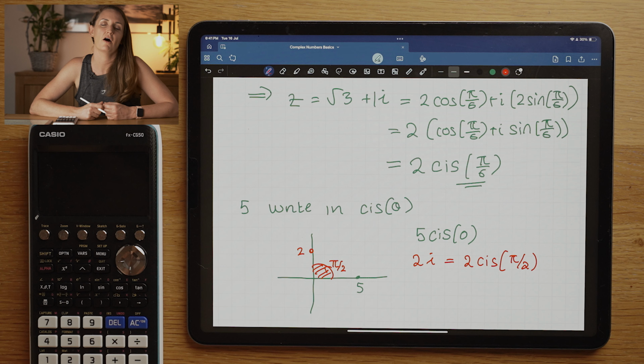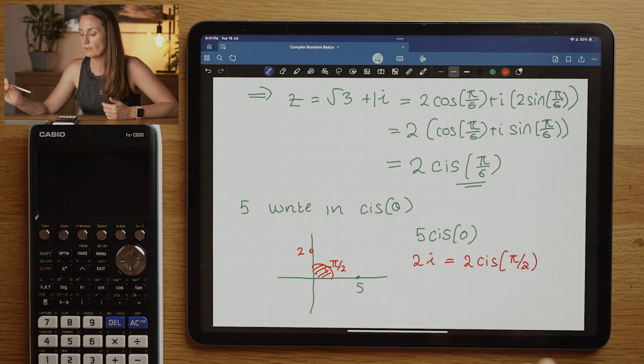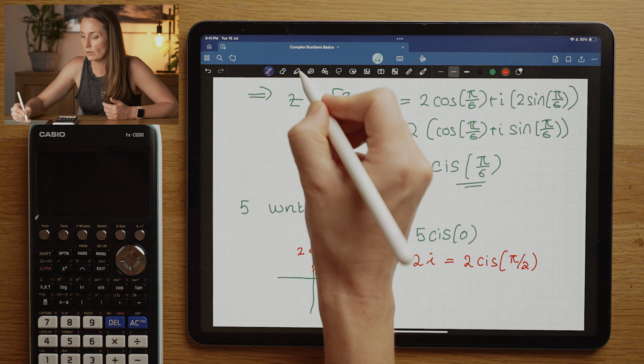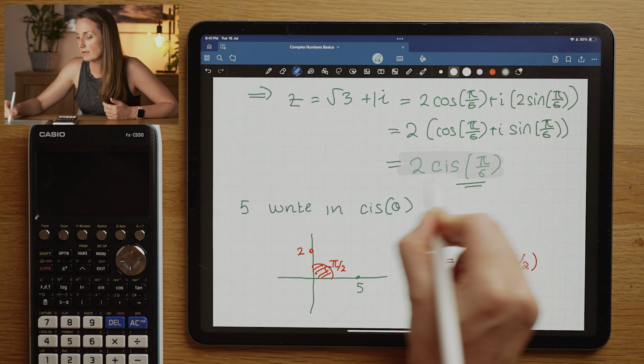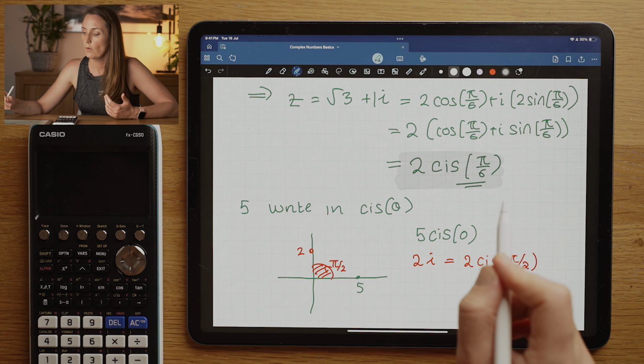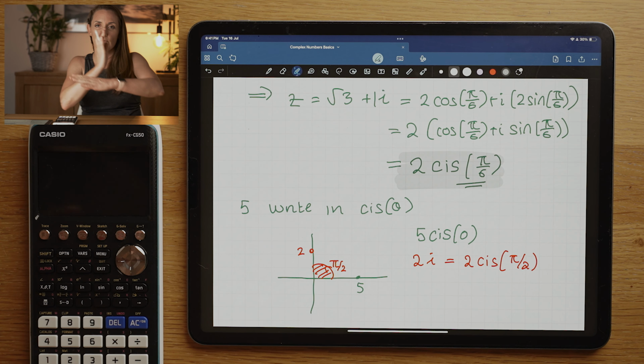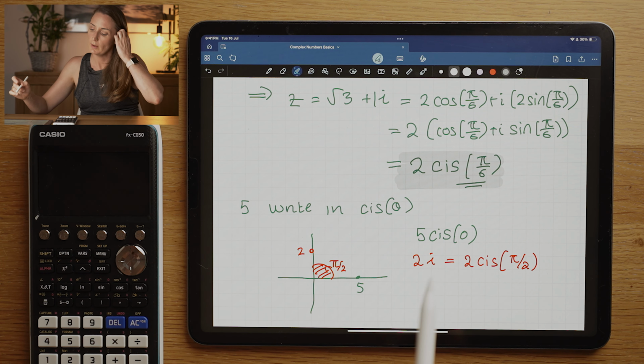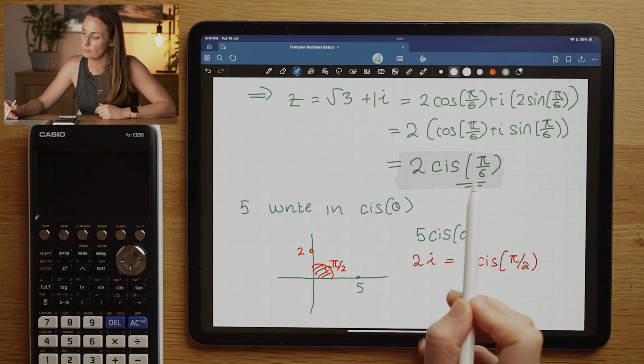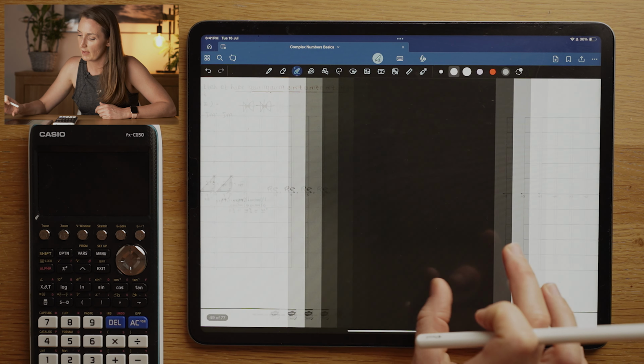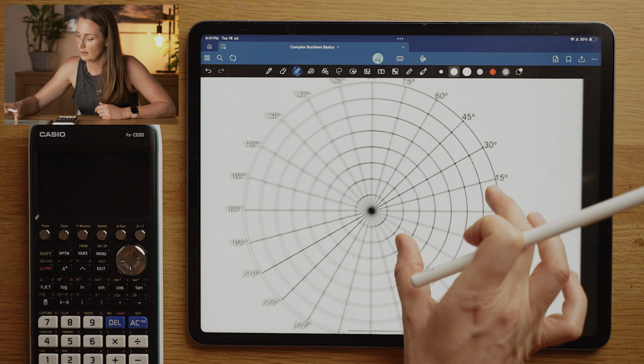So that concludes our first video, a little bit longer than I was expecting, on how to convert a number that's in rectangular form into polar form. And polar form is super cool because you can visualize this whole new coordinate system, whereas instead of always counting in squares, we can count in circles. So 2 cis pi over 6, we can look at that on a polar coordinate, and it would look like this.